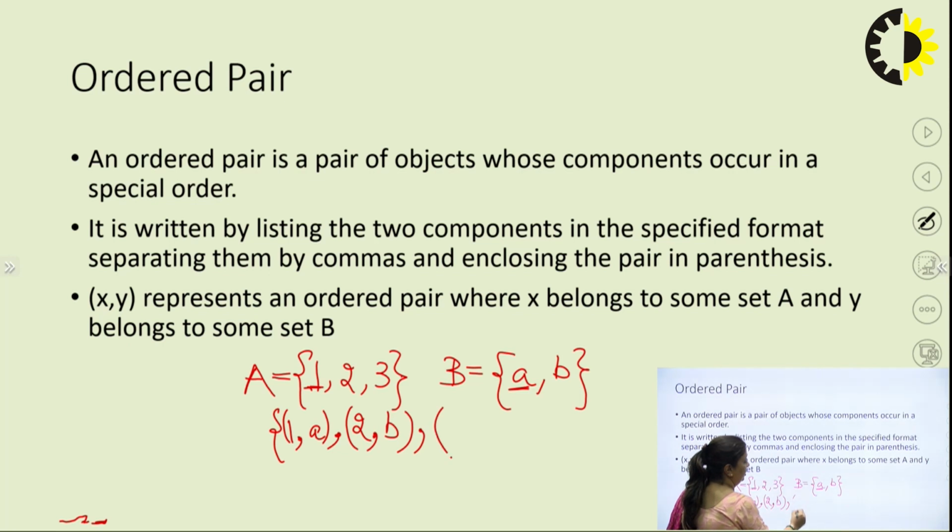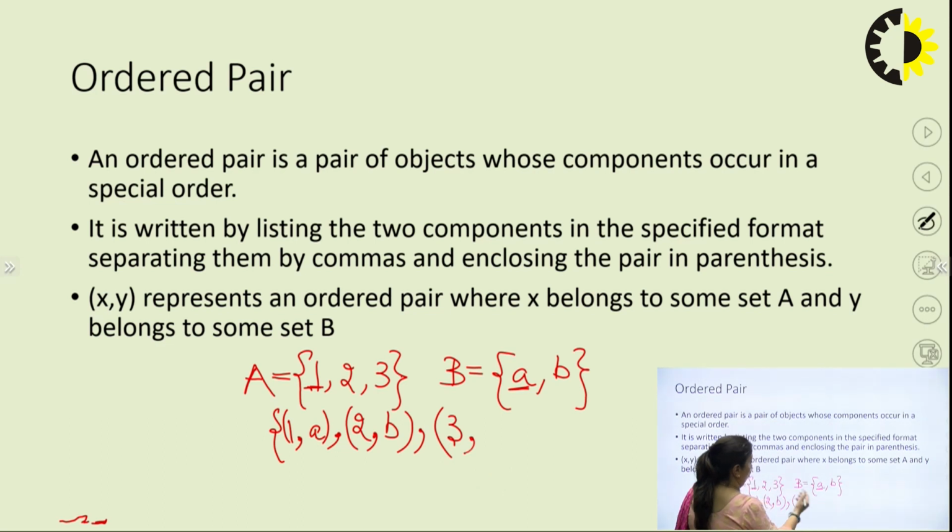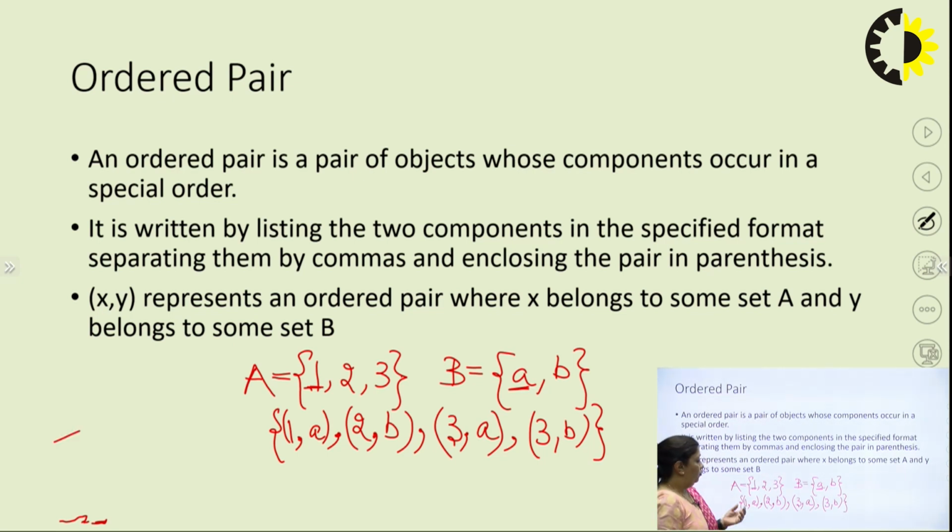Another possibility is I take 3 and along with 3 I can take a, I can even take b. So all these are ordered pairs where we take the first component from set A and the second component from set B. So this is what we call an ordered pair.